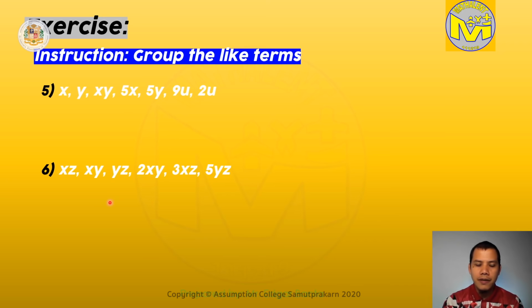Alright? I think the first group is XY. So what are the XY's? First we have here XY. Next, 2XY. That's it. Next group we have XZ.